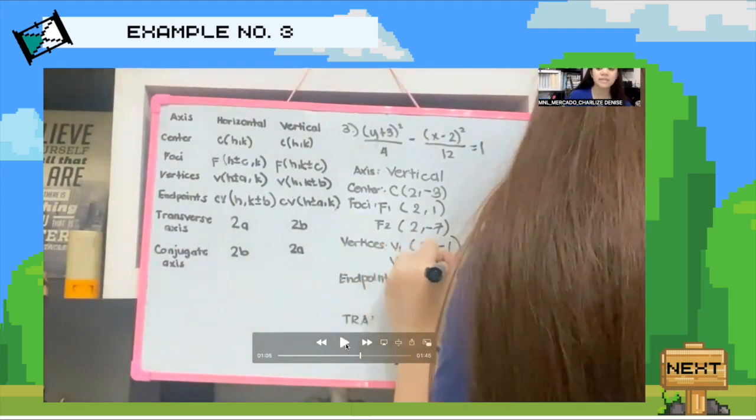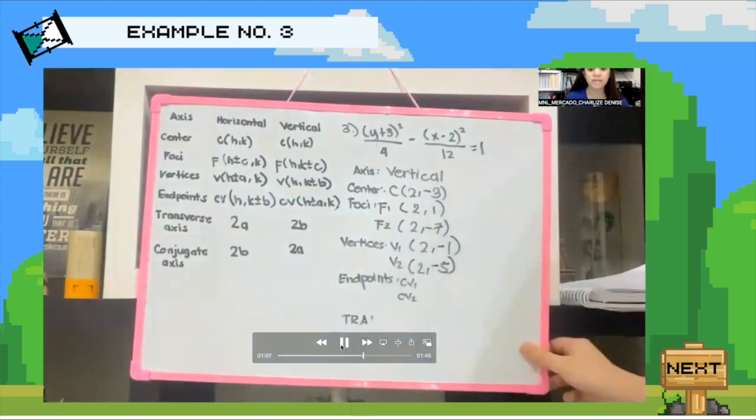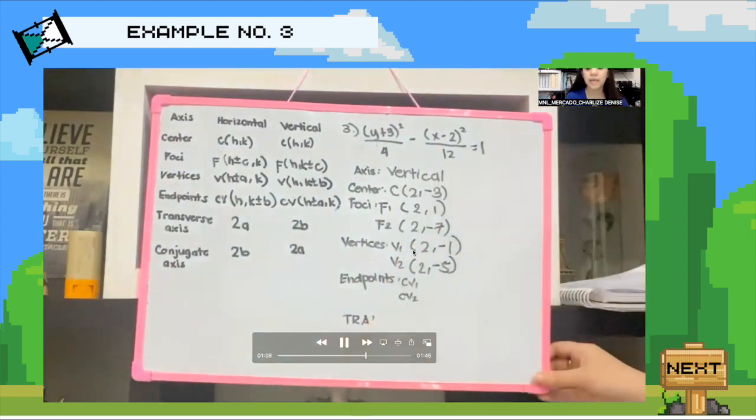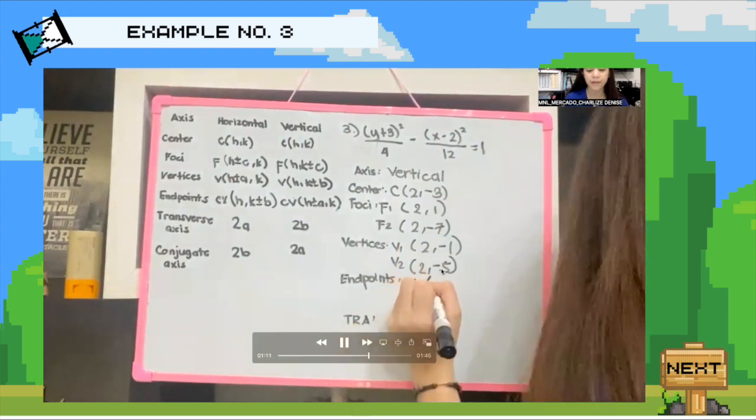For our vertices, we have h, comma, k, positive negative b, and our b is 4. In order for us to find b, we need to find the square root of 4, which is 2. So our vertices are 2, comma, negative 1 and 2, comma, negative 5.